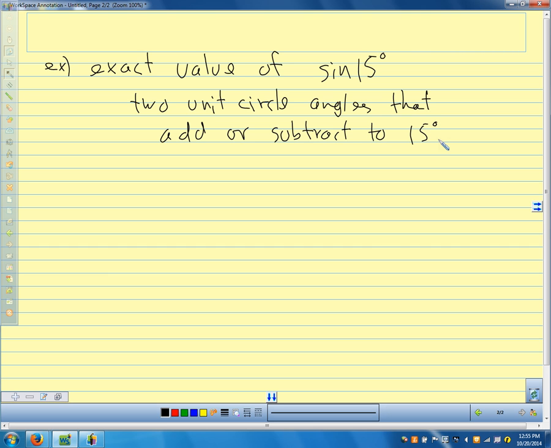So what would two unit circle angles be that add or subtract to 15 degrees? What is it, Josh? 45 and 60. So 60 minus 45 degrees equals 15 degrees.